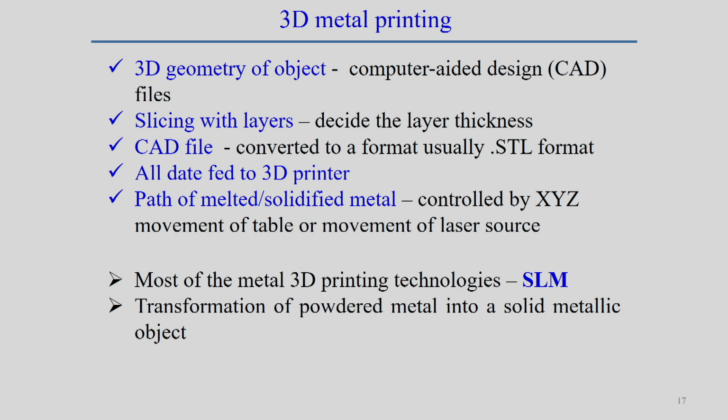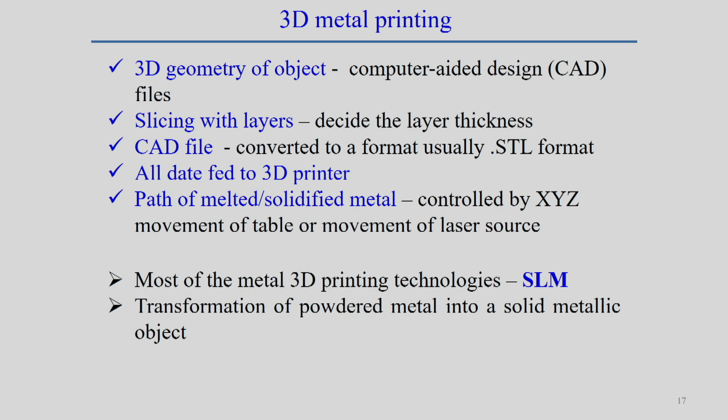Of course, this thickness depends on which additive manufacturing technology you are going to use. Then the model is converted to the usually .stl file format, and all the data is fed to the printer.